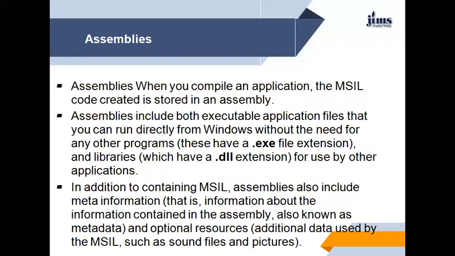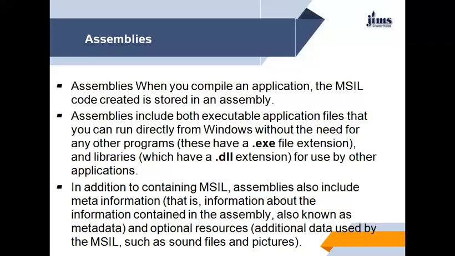With the help of the C++ compiler, that code is converted into MSIL. This MSIL which is created is stored in an assembly. Assemblies include both executable application files that you can run directly from Windows without the need for any other programs.